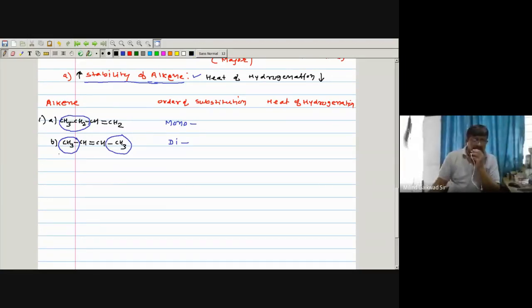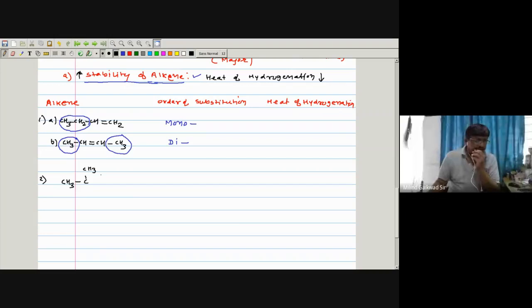Next example we can take, right? So here we'll take a few examples. It is a mono, it is a di. Again in this one we can see cis and trans. Then another example, that is a tri-substituted compound. We will not take other examples, only compare with some of the alkenes.